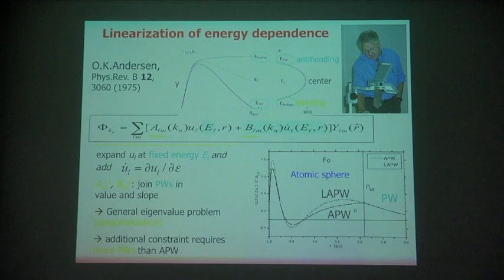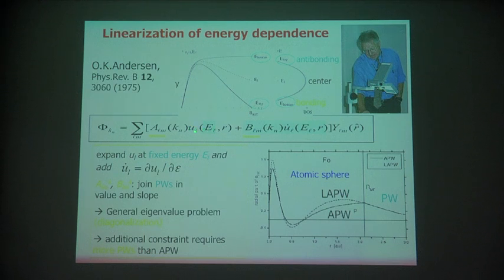So there have been some smart ways in which this so-called energy dependence of the basis set was handled, by Ole Anderson in his famous 1975 paper, where he wrote the so-called muffin-tin orbital expanded in terms of what is known as the U_L and U_L dot.